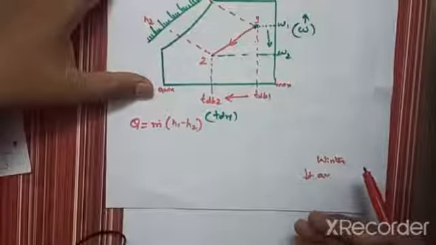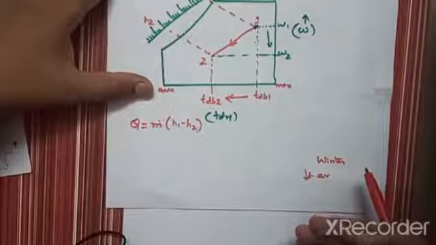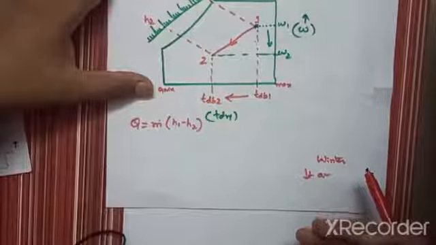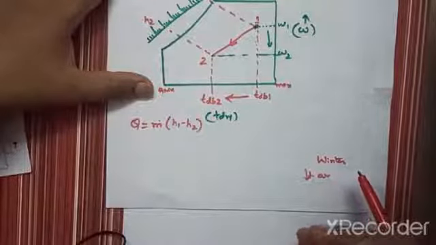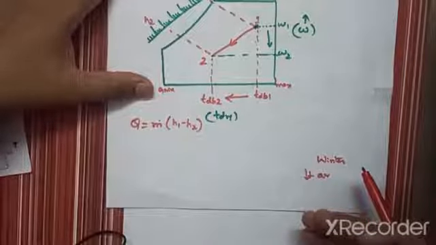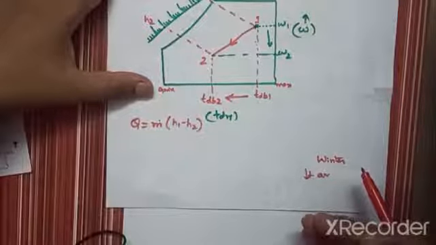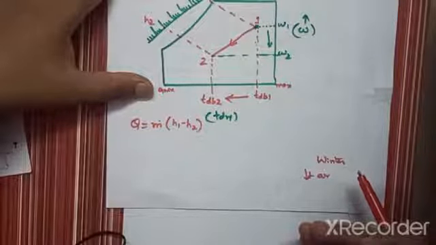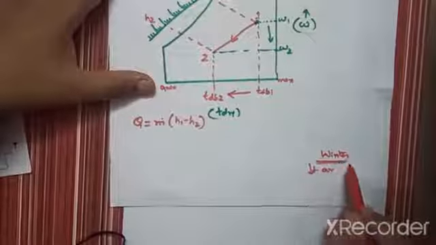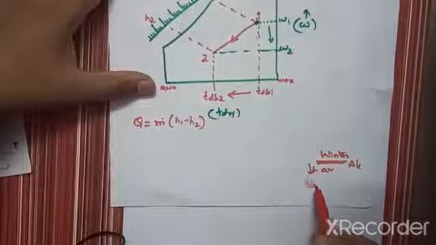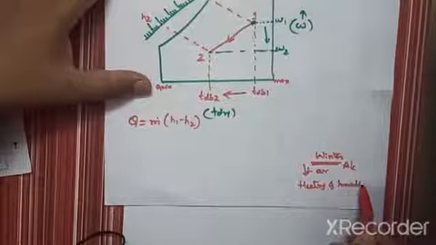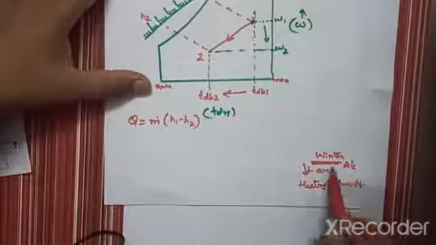But in the winter, the temperature of the air is too low, that is 10 degrees Celsius or 12 degrees Celsius. It is uncomfortable for human beings. So to make it 25 to 27, we need to heat. And at the same time, in the winter air conditioning, the moisture content in the air is less. So we need to do humidification. So in the winter air conditioning, we need to do heating and humidification. Heating and humidification process in the winter air conditioning, but here it is cooling and dehumidification in the summer air conditioning.